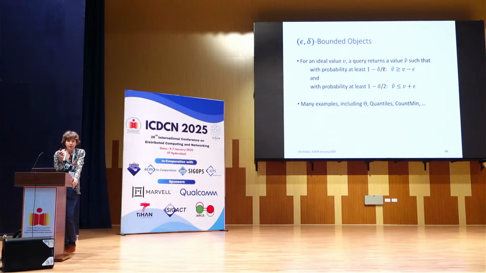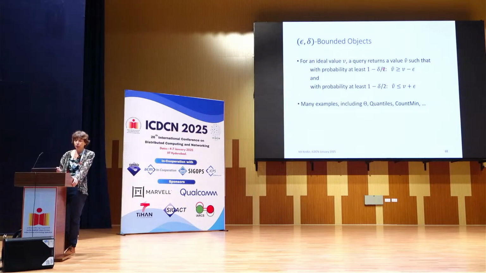The strength of this property is that, like linearizability in a sense, it allows you to use objects with an arbitrary sequential specification. It's useful for any object with this PAC property, epsilon-delta, probably approximately correct.